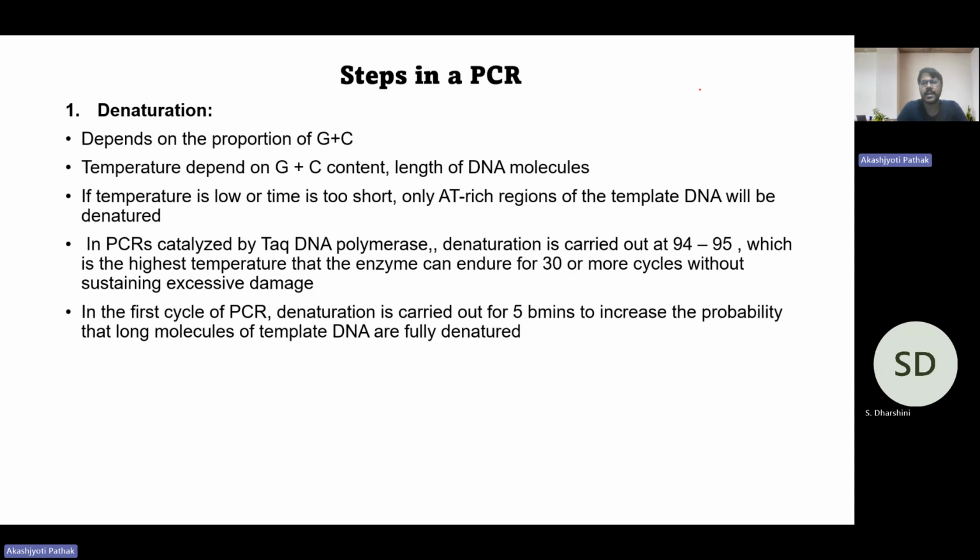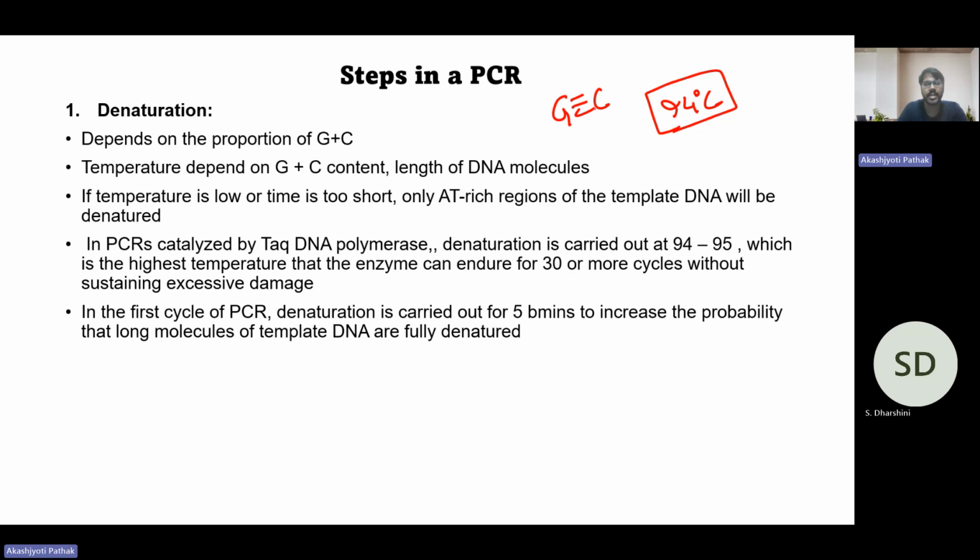The denaturation temperature is usually kept at 94 degrees Celsius, but it will depend on the sequence of the gene that you want to amplify, your target gene. If it is rich in GC, if the proportion of GC is very high, then you will require a higher denaturation temperature, because there are triple bonds between guanine and cytosine residues.